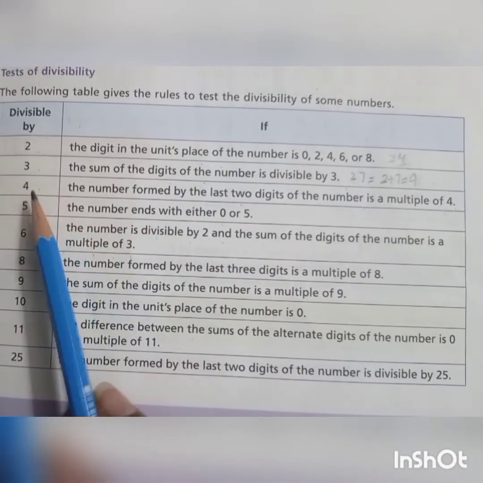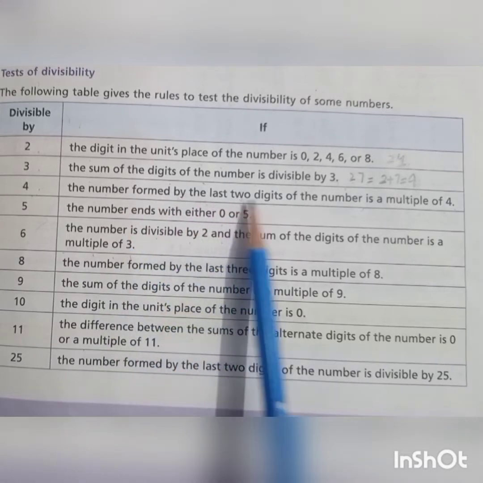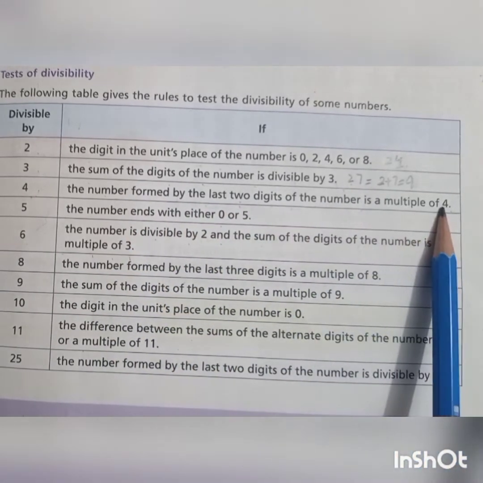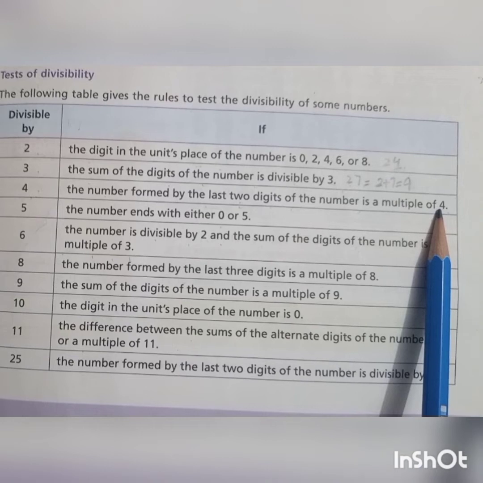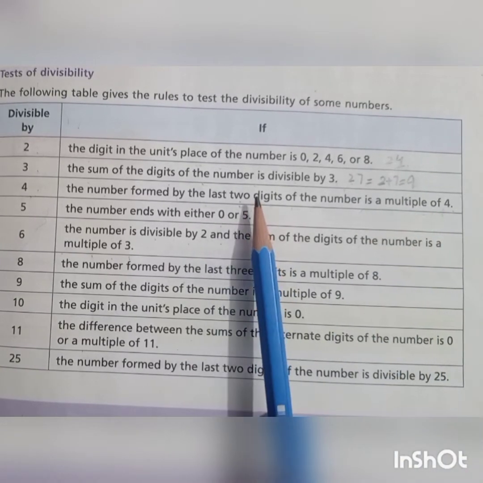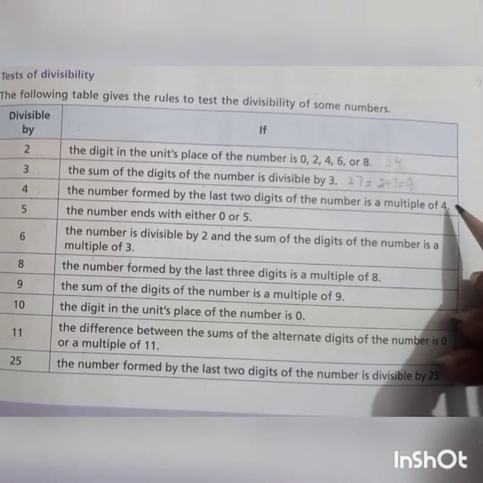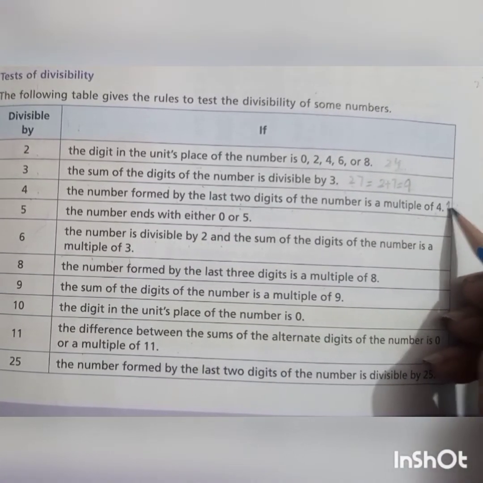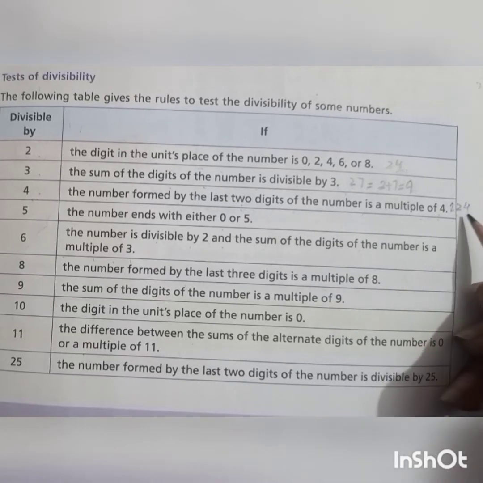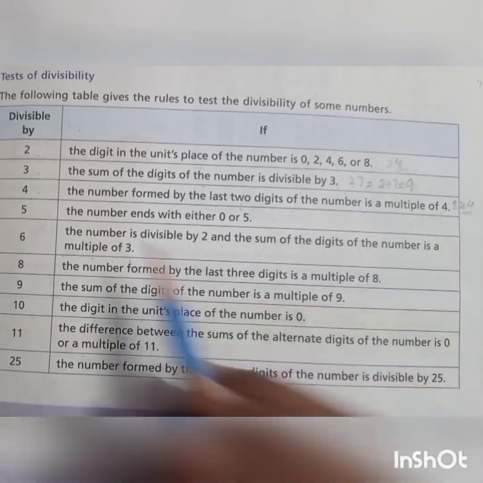Next one is 4: a number is divisible by 4 if the number formed by the last two digits of the number is a multiple of 4. It means that if the last two digits of any number are a multiple of 4, then that number is divisible by 4. For example, if I write here 124, we can see that the last two digits are a multiple of 4. So this number is divisible by 4.